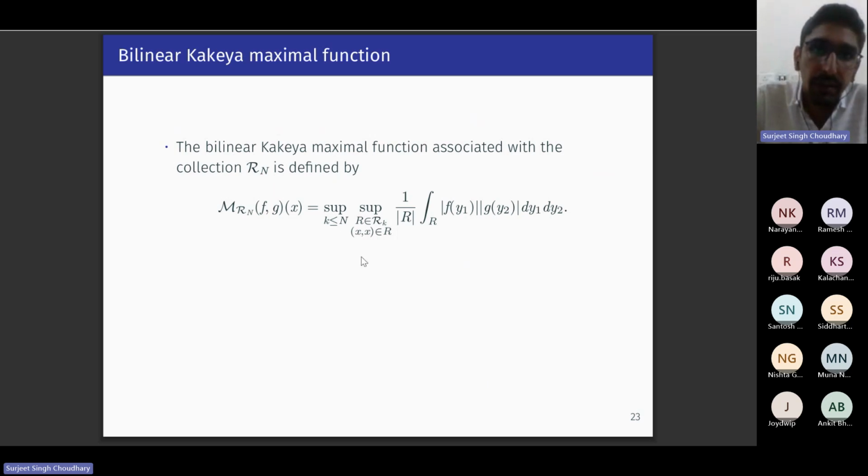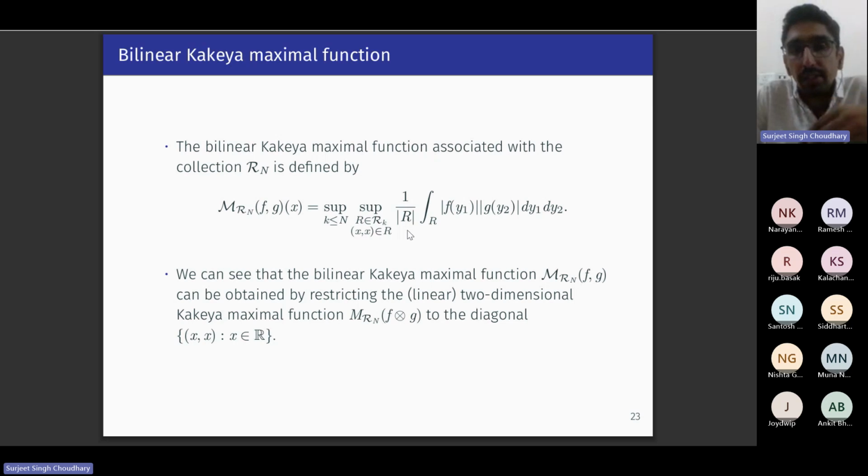We define the bilinear Kakeya maximal function associated with the collection R n to be the supremum of the average of f times g over the rectangle R, where we take the supremum over all rectangles R in R^2 with eccentricity k less than or equal to n, and the point (x, x) belongs to the rectangle R. Now, this operator we can also see as the restriction of the linear Kakeya maximal function to the diagonal (x, x). Basically, if I consider f tensor g as a function on R^2, then this is nothing but the linear two-dimensional Kakeya maximal function restricted to the diagonal points (x, x).